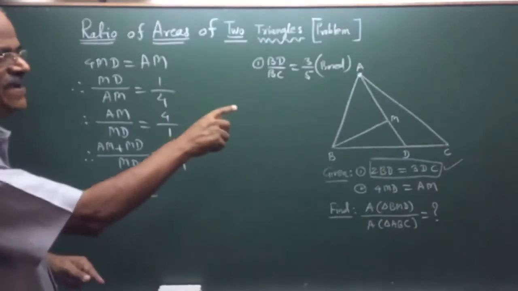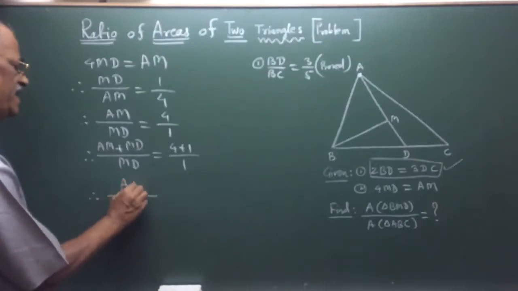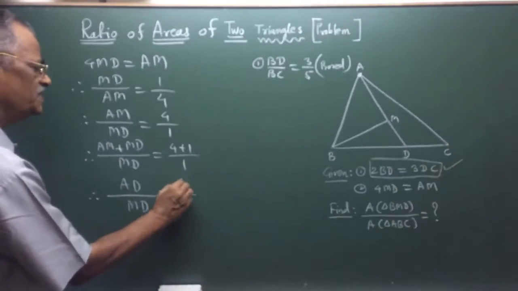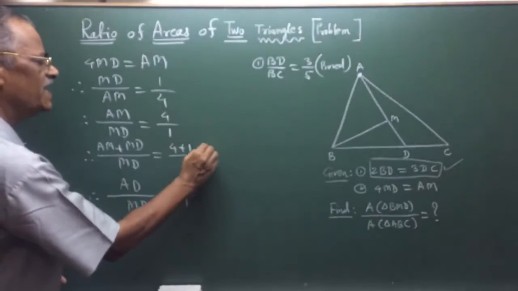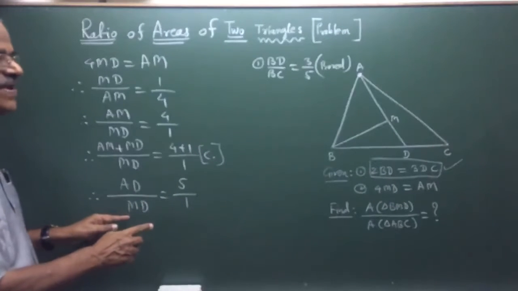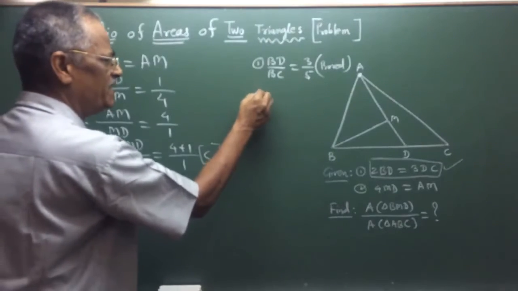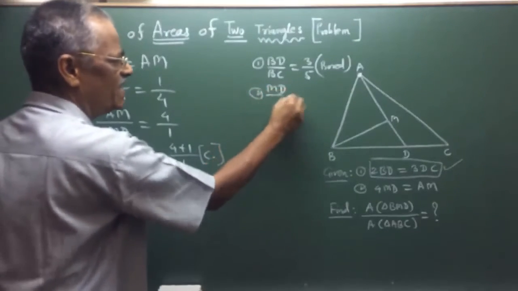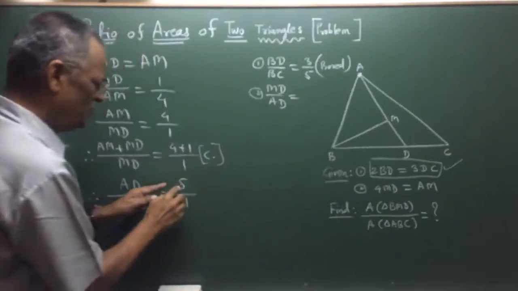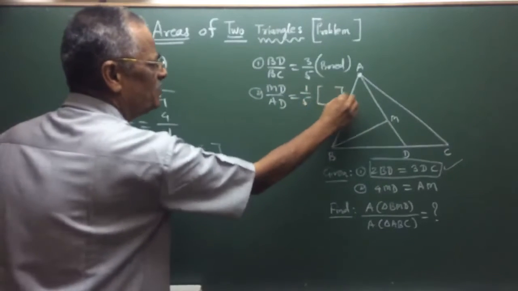AM plus MD is AD, so AD upon MD is 5 upon 1. This is again componendo. We require MD upon AD. What is the value there? 1 upon 5. So we can prove this.